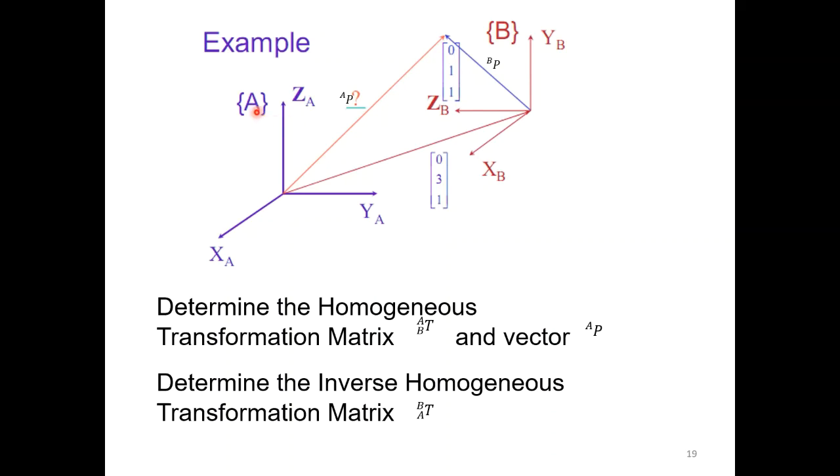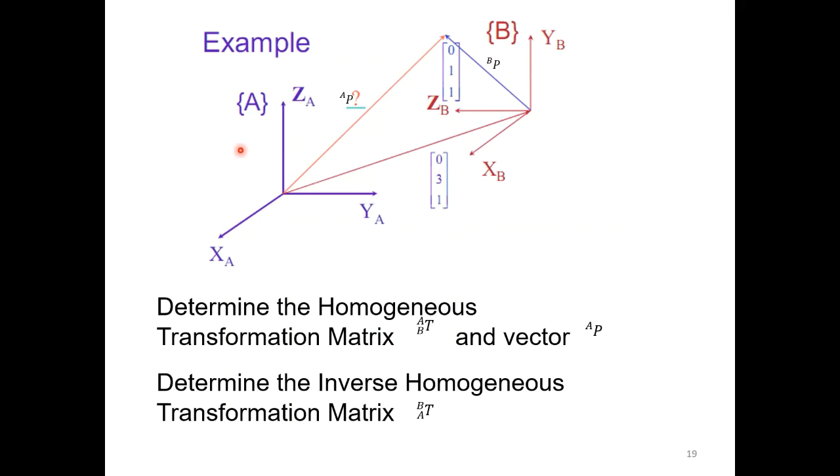So that is the question. The first thing, determine the homogeneous transformation matrix, ABT, and vector AP. So this is how the question is asked, right? You are supposed to find the homogeneous transformation matrix of B with respect to A first.